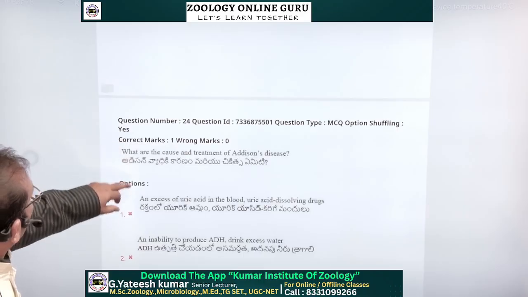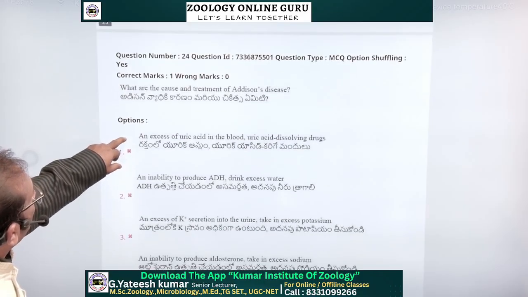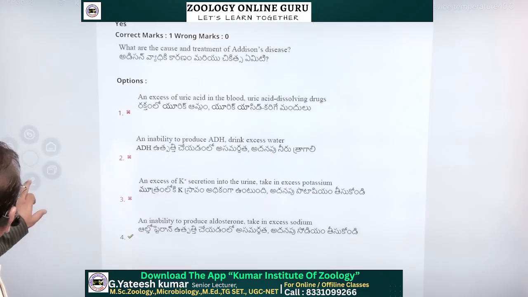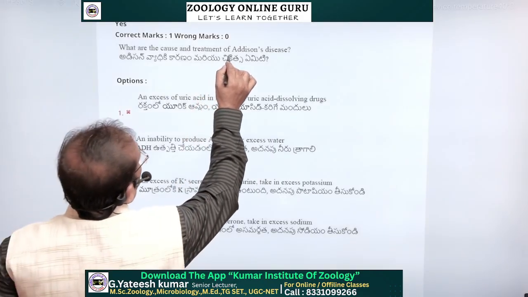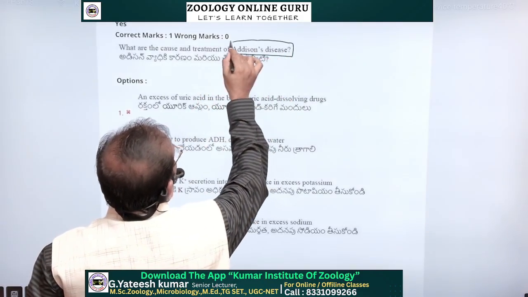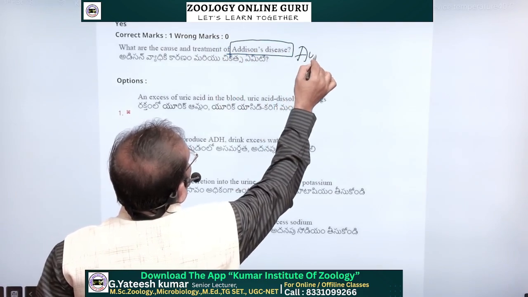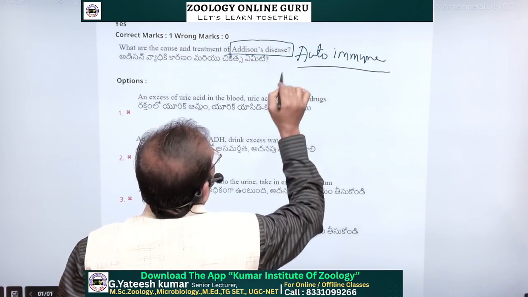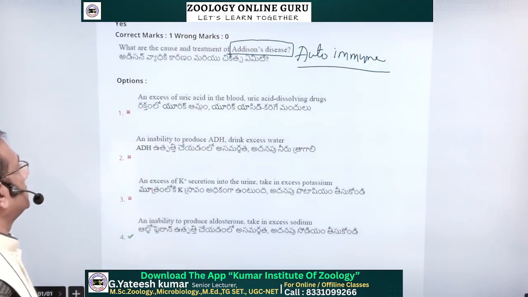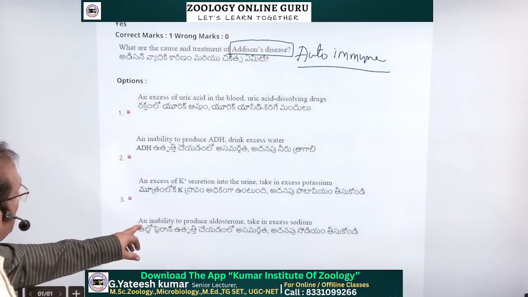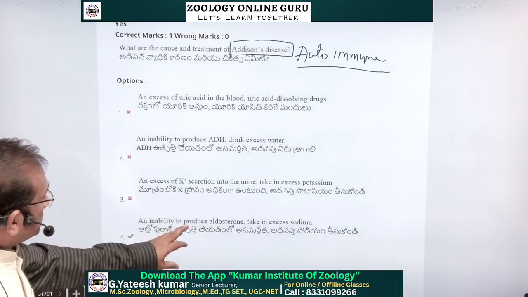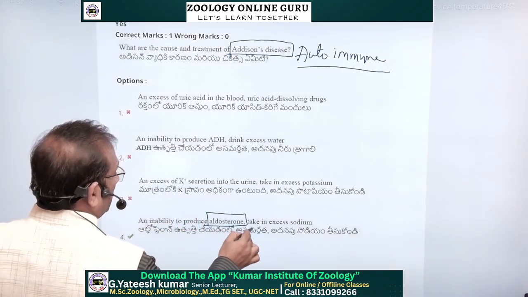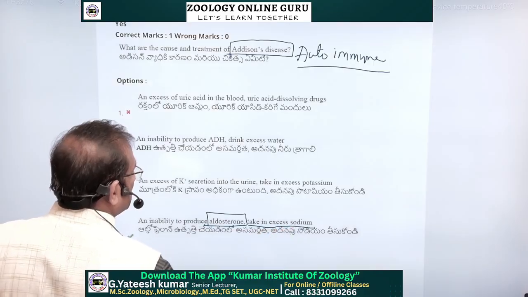Next, what are the causes and treatment of Addison's disease? Addison's disease is one of the autoimmune diseases. Here, there is an inability to produce aldosterone, and the body takes in excess sodium.